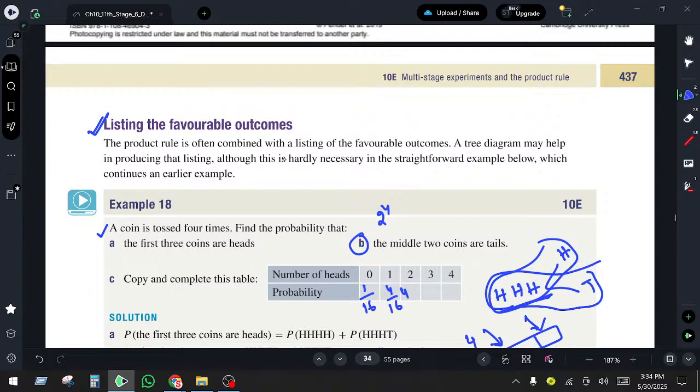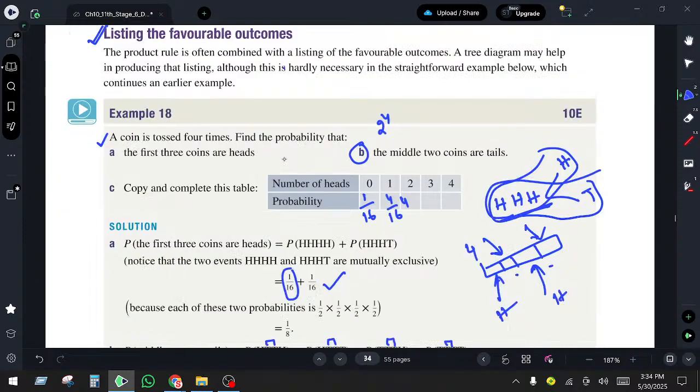It is 6 by 16. 2 हेड्स के लिए 6 by 16 कैसे है? They were tossing 2 times.